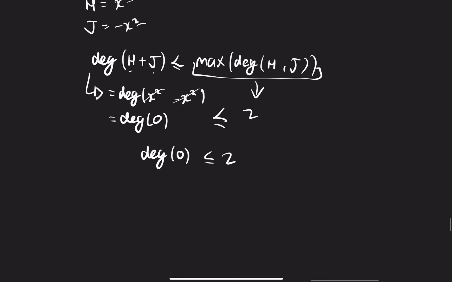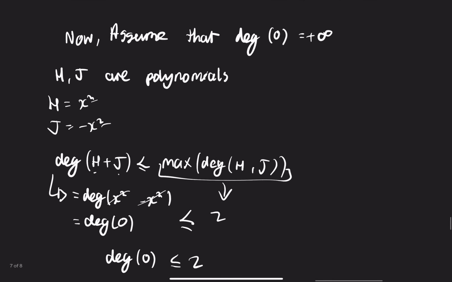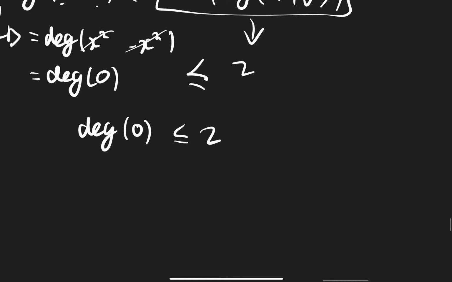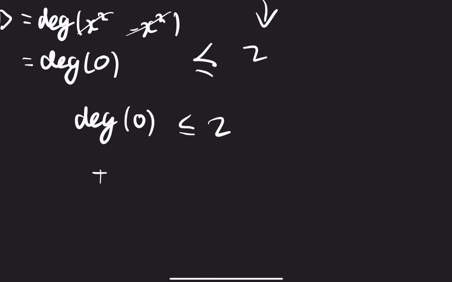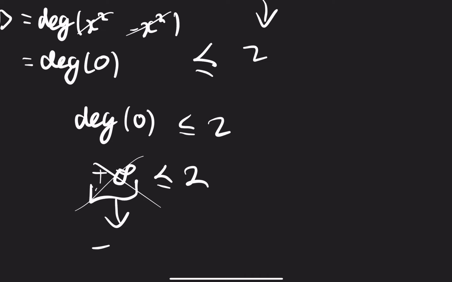But by assumption, the degree of 0 is positive infinity, so we come to the second astonishing conclusion that positive infinity is less than or equal to 2. Yeah, that doesn't seem very convincing, does it? So the only option that makes sense is negative infinity.